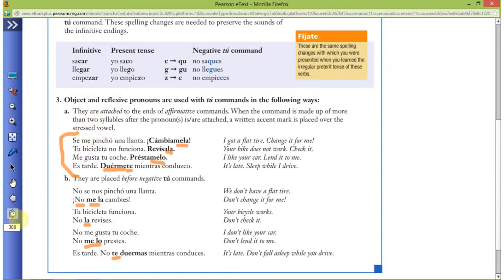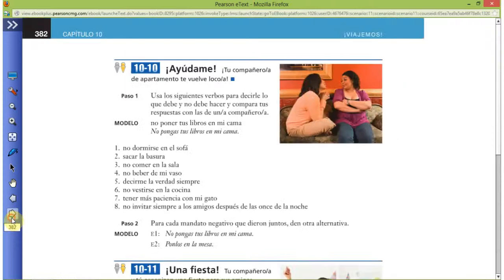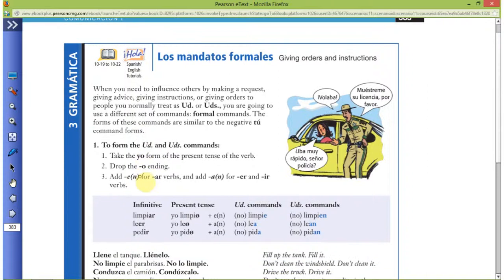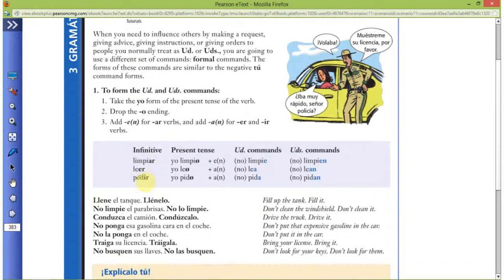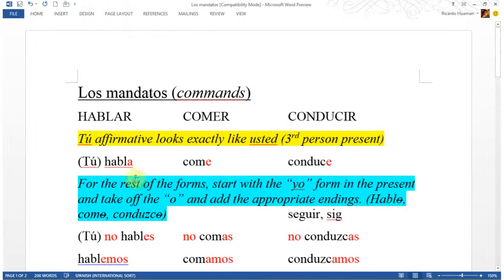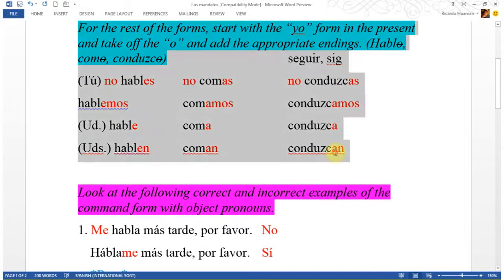One more thing. Oh yeah, well, just go straight to the formal commands. Again, this follows the same rule as over here. Because for all of these, from negative on down, you follow the same rule.